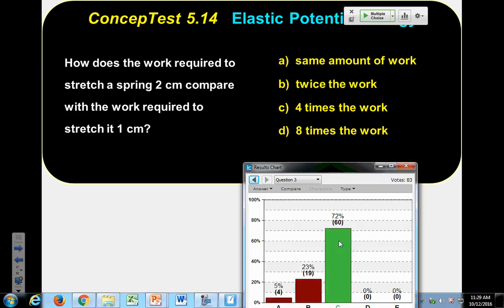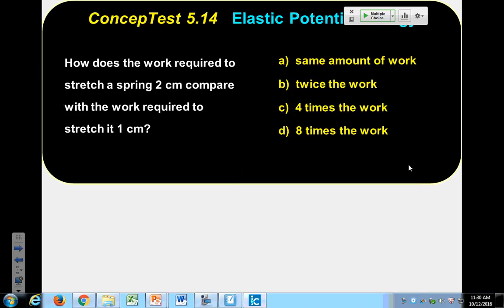Okay, C is the right answer. Remember, work causes a change in energy. So when I do work on a spring, I change its potential energy. When I compress a spring, I change its potential energy. And that potential energy is 1/2 kx squared.